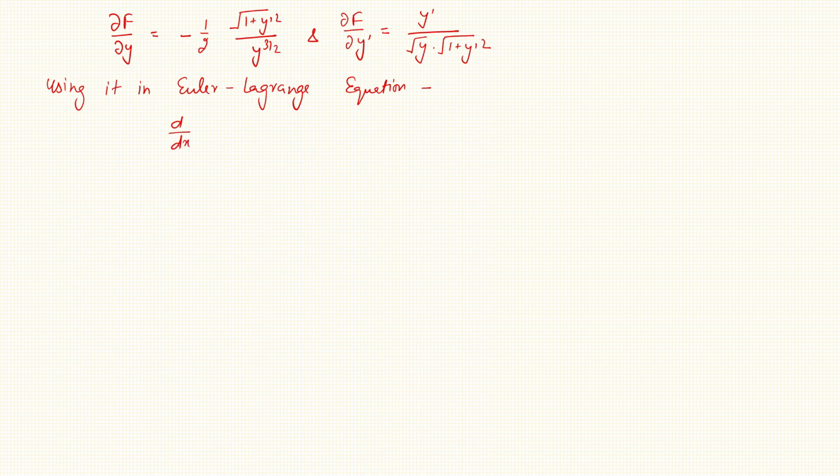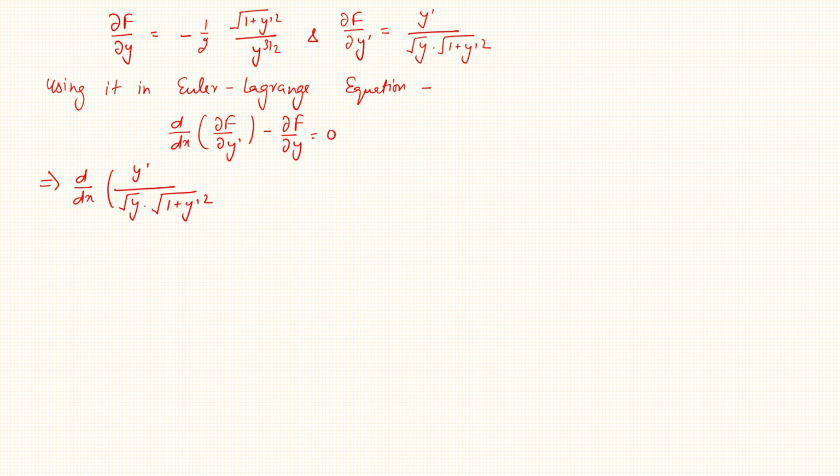d/dx of ∂f/∂y′ minus ∂f/∂y is equal to 0. We can write d/dx of y′ divided by √y into √(1 + y′²), minus minus half √(1 + y′²) divided by y to the power 3/2 is equal to 0.